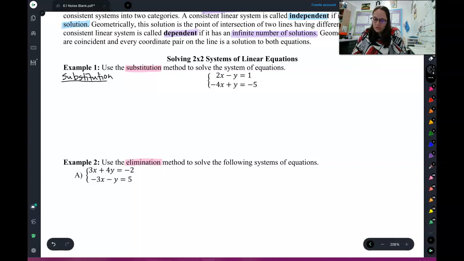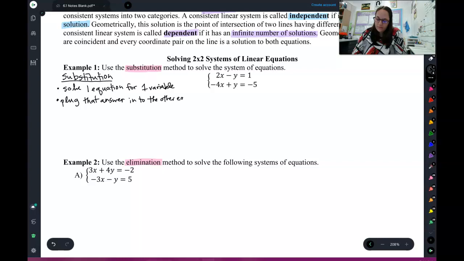In substitution, we solve one equation for one variable and then plug that answer into the other equation. And then solve.